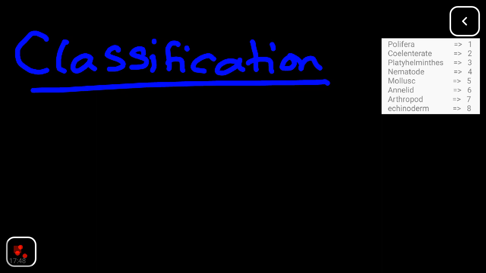Those are the animals that don't have it. At first, we say the ones that don't have a body cavity at all, we call them with the prefix a, combined with the root word. So you have acoelomate, which means no body cavity.